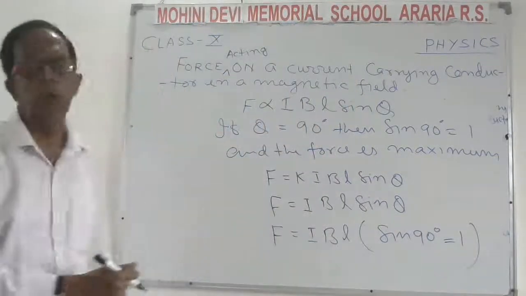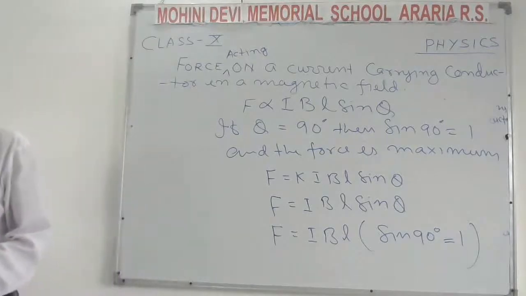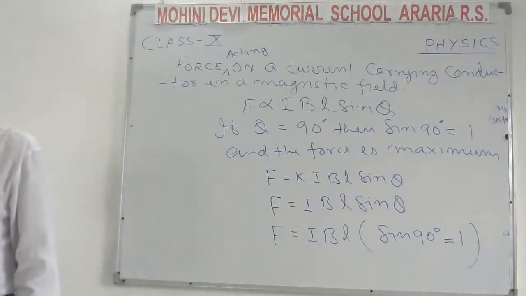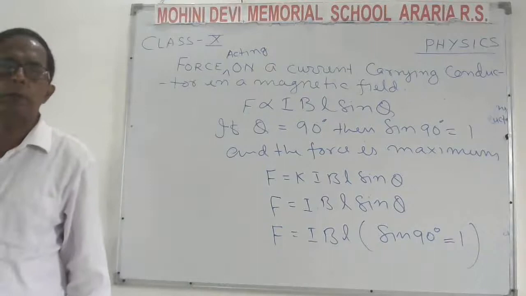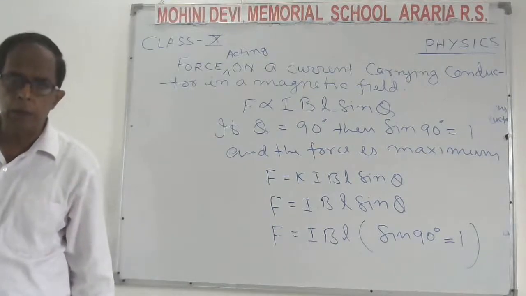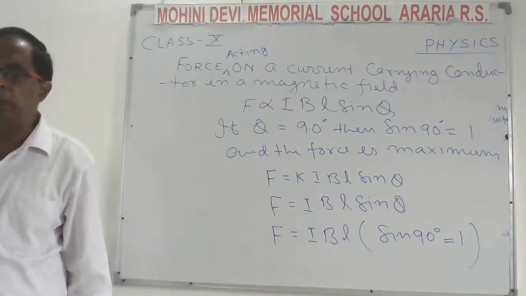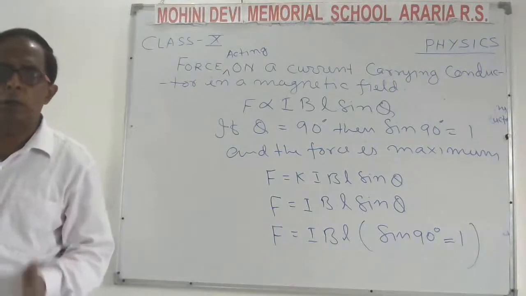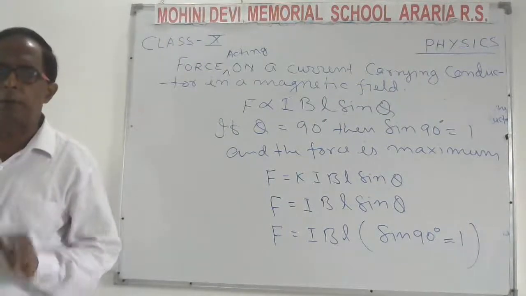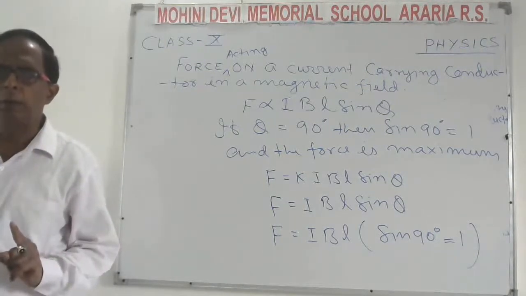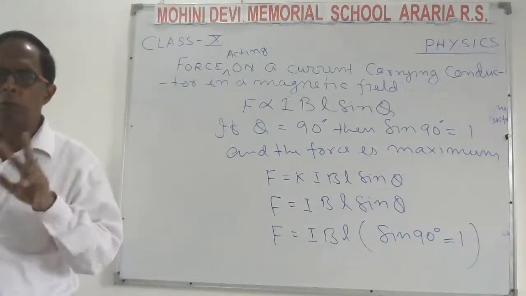This is the formula to find the strength of the force acting on a current carrying conductor when the current carrying conductor and magnetic field are making a 90 degree angle between both.